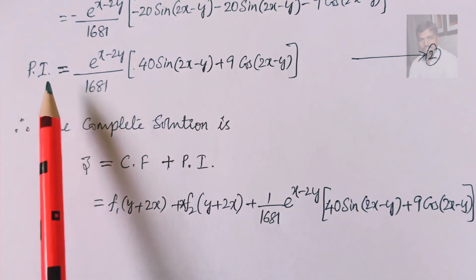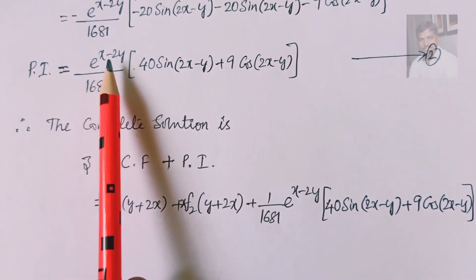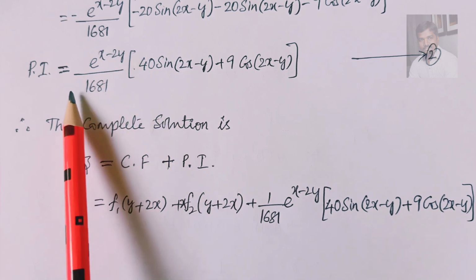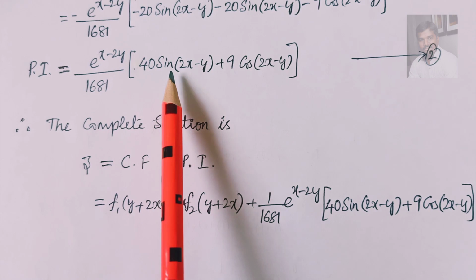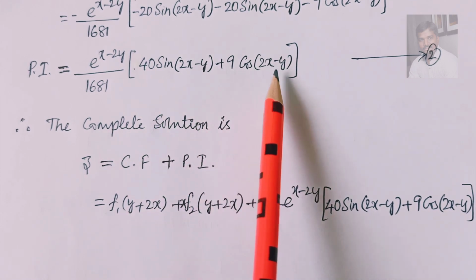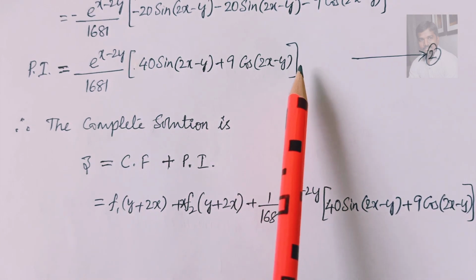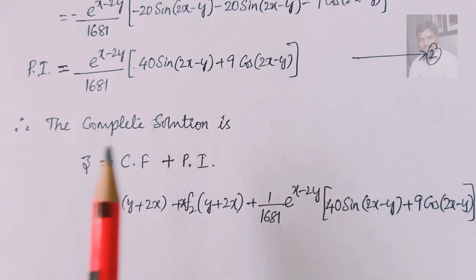Now the particular integral is e^(x−2y) / 1681 × (40 sin(2x − y) + 9 cos(2x − y)). Let this be equation number 2.